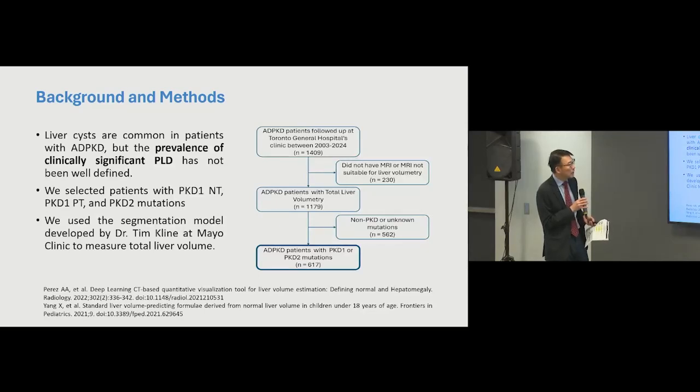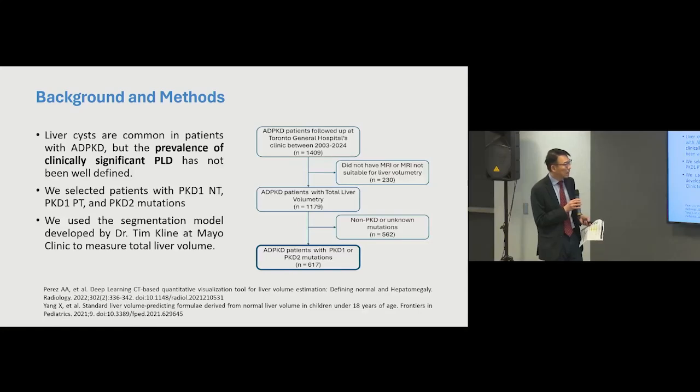And we use a registry that we have developed between 2003 to 2024, and in which we have followed 1,400 patients. And after excluding patients who did not have MR image that are suitable for liver volumetry, we have about 1,180 patients.